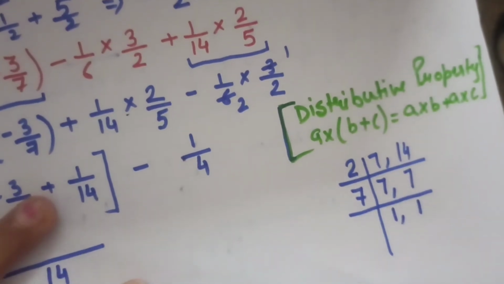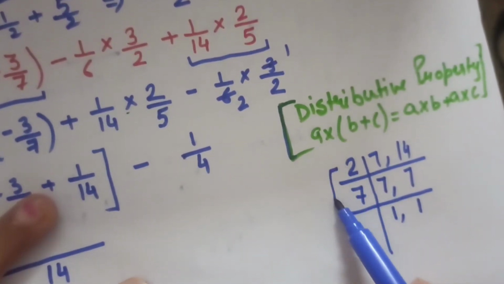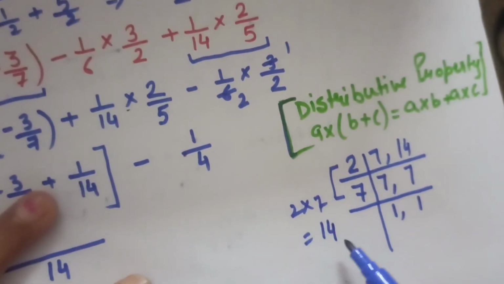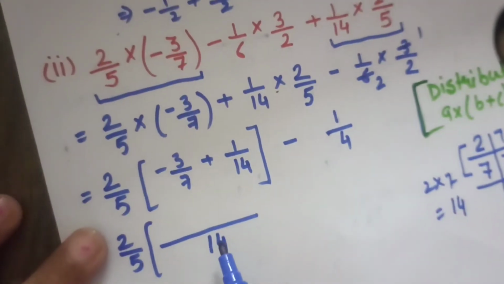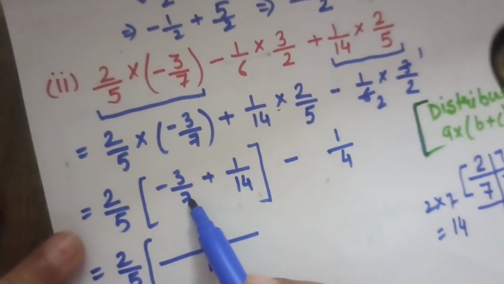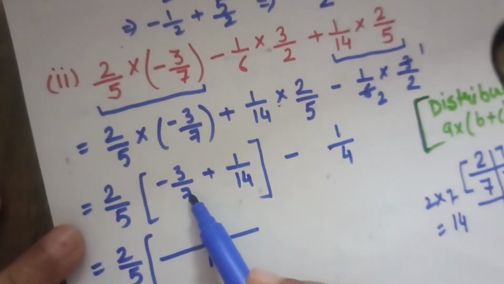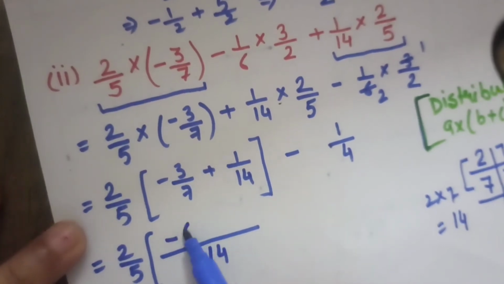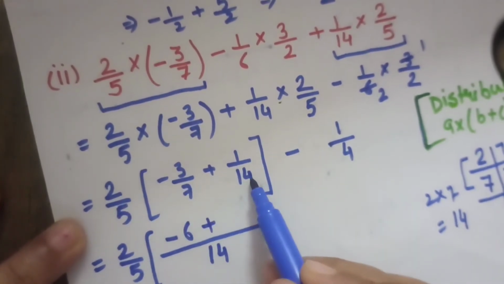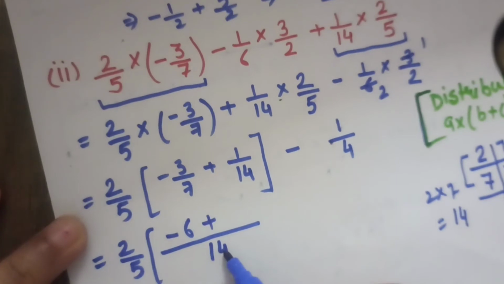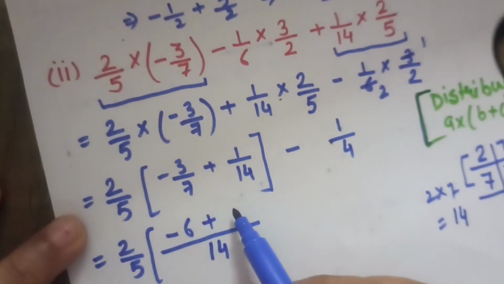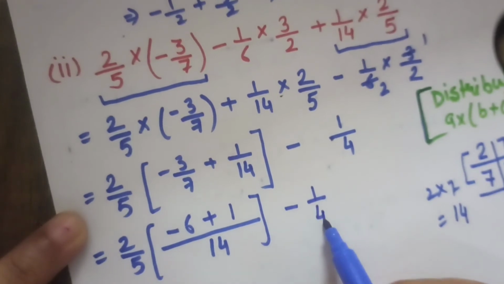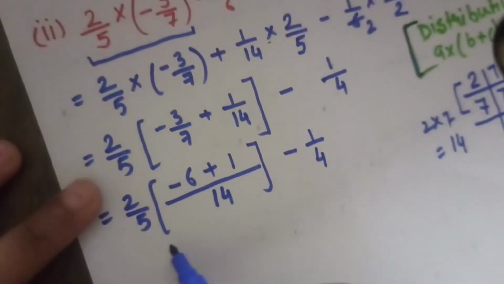After multiplying 2 and 7, we'll get 14, so the LCM is 14. When we divide 14 by 7, we'll get 2. When we multiply 2 with 3, we'll get 6, plus 14 divided by 14 will get 1, and 1 multiplied by 1 will get 1, and 1 by 4 will remain the same.